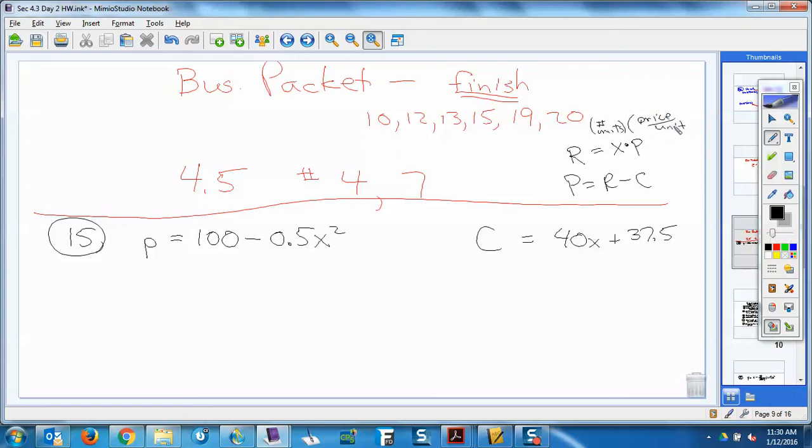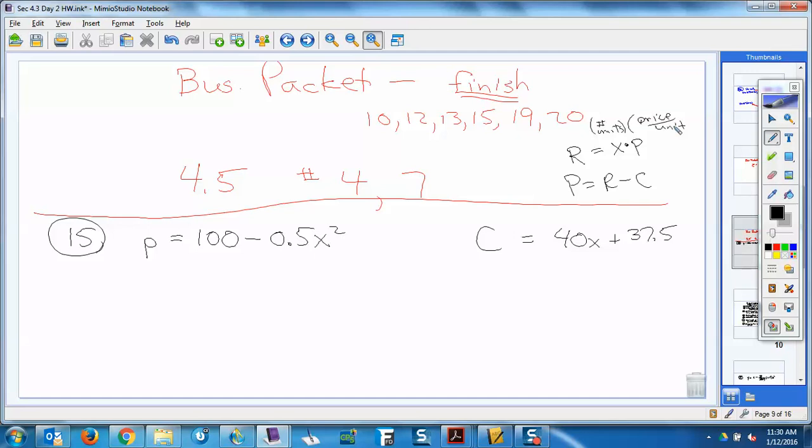Well, the price per unit's not typically going to be just a number. It's going to be an equation. That's called the demand function. That's little p, because it's going to change depending on x, depending on how many units we make or sell. You see what I'm saying?